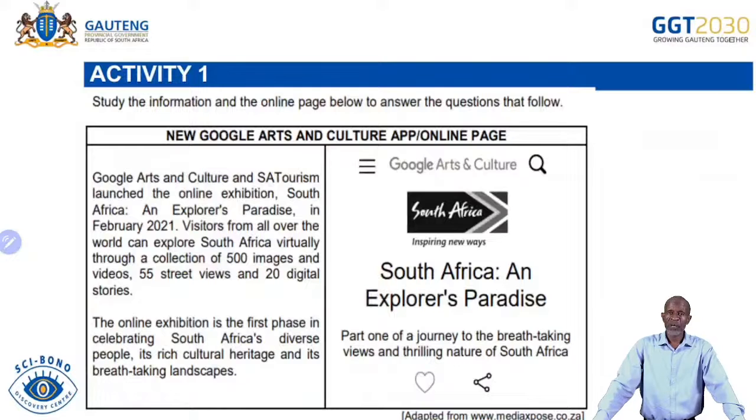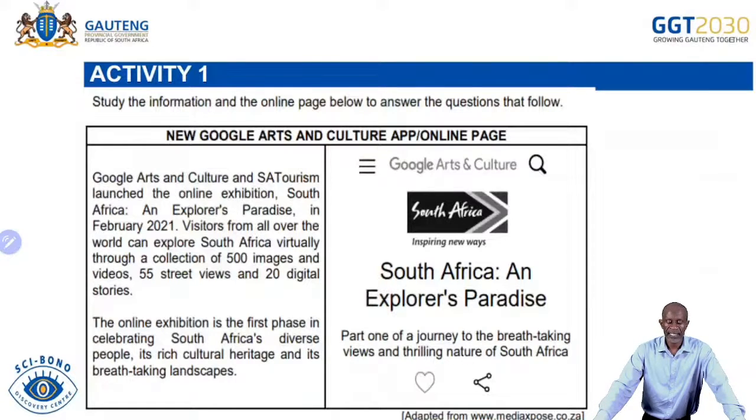I will not read the extract as I speak. I'm sure you are reading through the extract so that you are able to answer the questions. But the instruction says, study the information and the online page below to answer the questions that follow. So in the interest of time, I'm sure by now you have familiarized yourself with the extract.